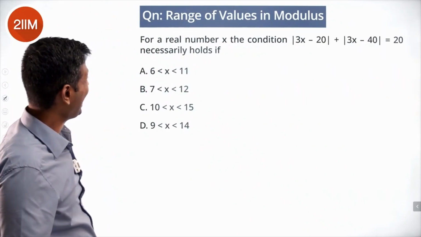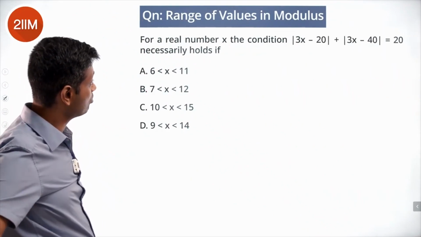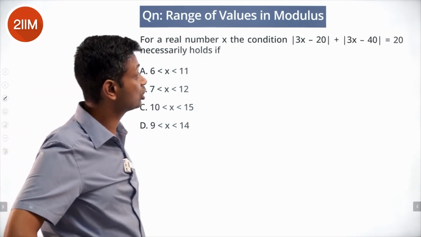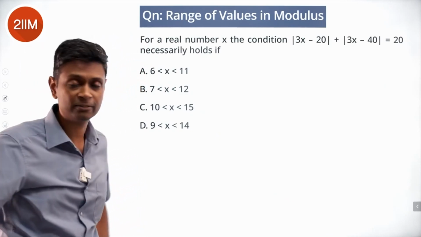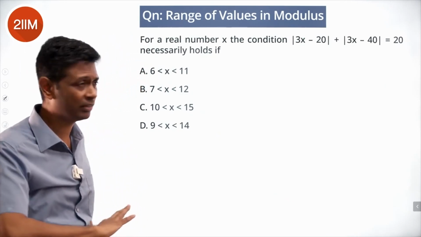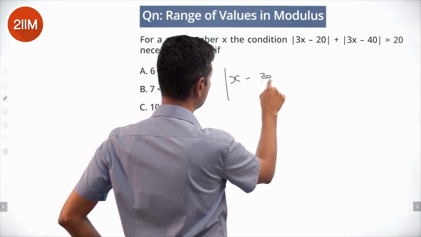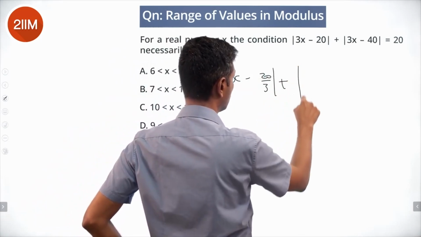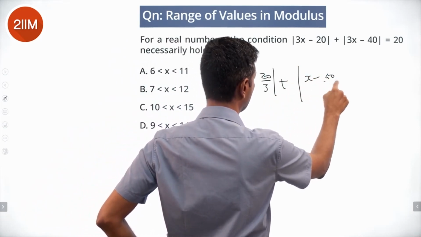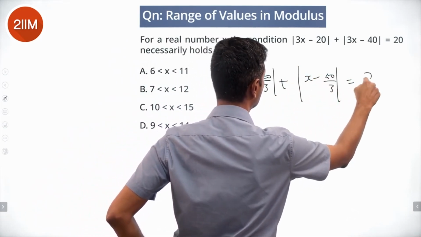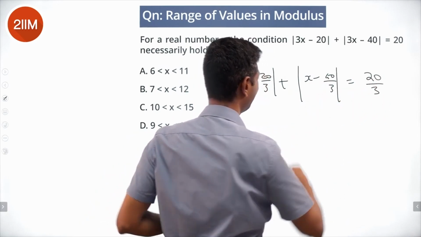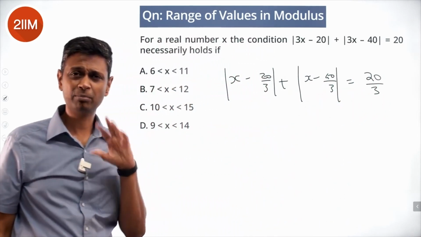For real number x, the condition modulus of 3x minus 20 plus modulus of 3x minus 40 equal to 20. I'm going to first simplify this and say modulus of x minus 20 by 3 plus modulus of x minus 40 by 3 equal to 20 by 3. Divide by 3 throughout, make life simpler for ourselves.